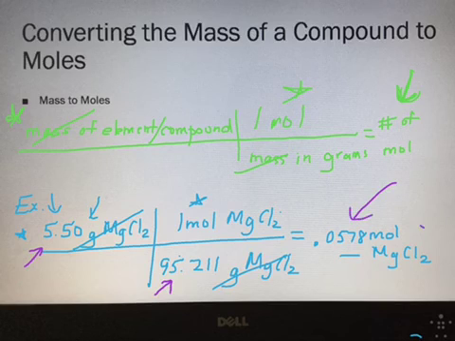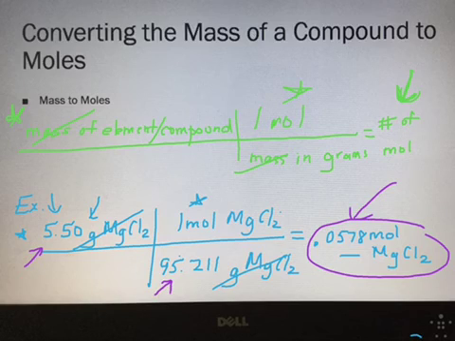And then, ta-da! My answer is a small number. It makes sense. So when you're doing these, just double check yourself. Does this make sense? And if it does, you probably did it right. If it doesn't, you may have flipped your conversion factor. Okay? So let's do some practice problems.